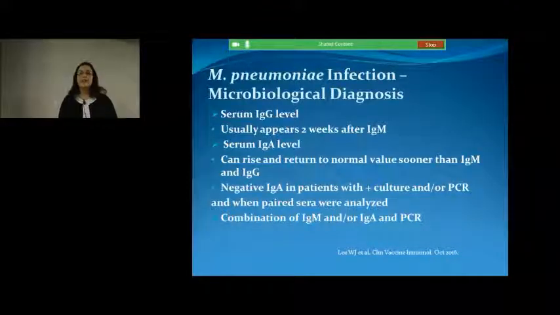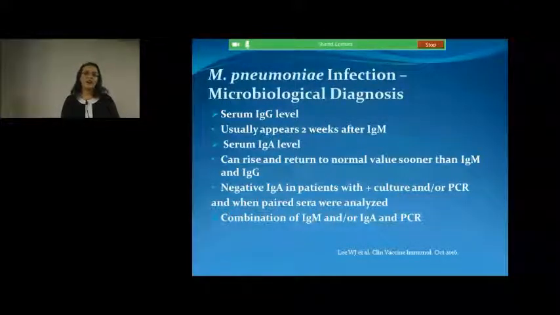However, despite the attractive idea of using IgA instead of IgM for the diagnosis of acute Mycoplasma infection, several studies have shown negative IgA in patients with confirmed positive culture and/or PCR, and also when they compared IgA with paired sera.